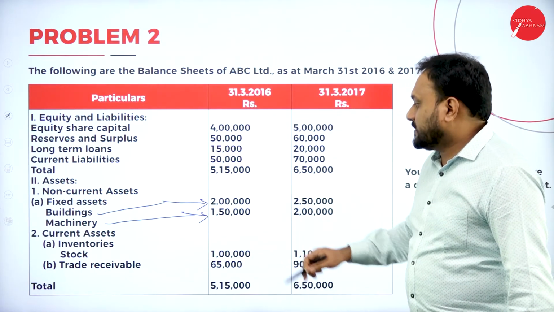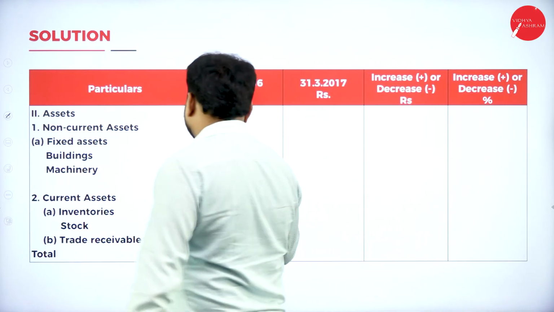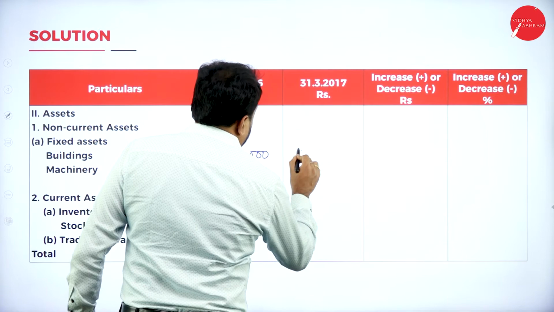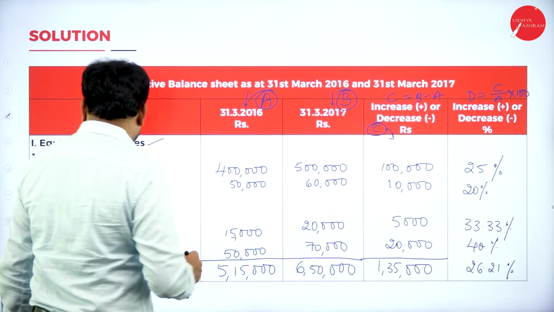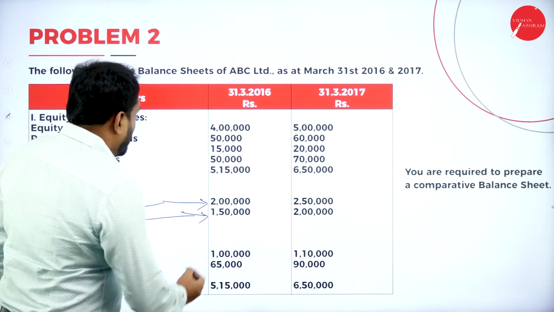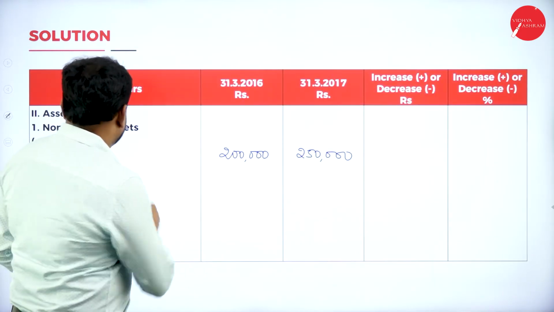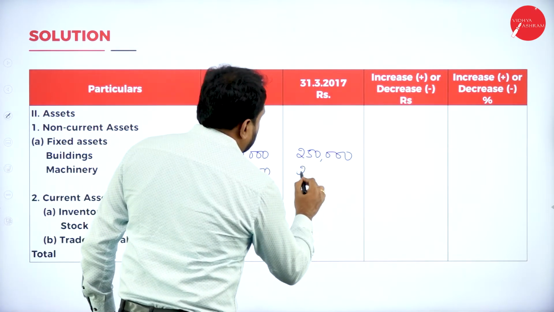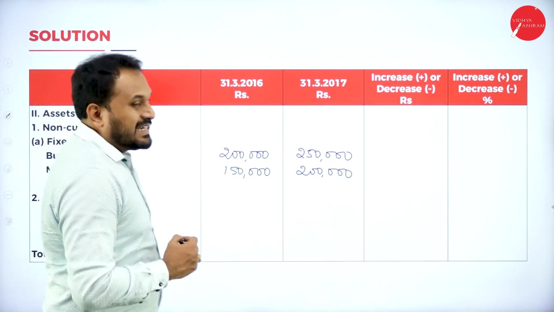So buildings is 2 lakh and 2,50,000. The same way here, machineries, 1,50,000 and 2 lakh. Done. Next, current assets.